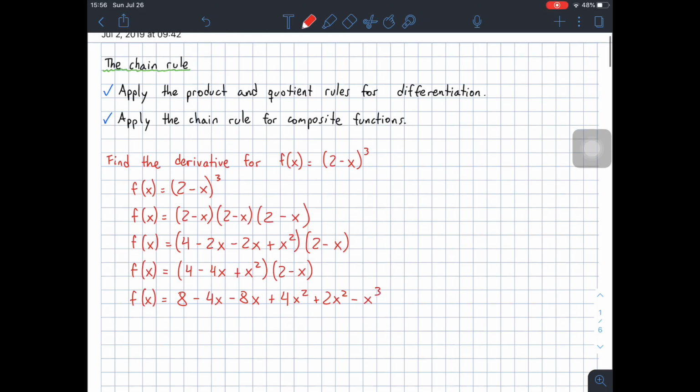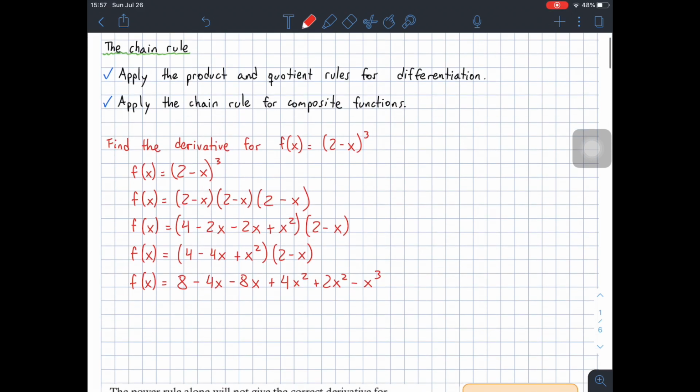I hope I didn't make any mistake. So now if I add like terms, we're gonna have negative x cubed first of all. Then these two are like terms, so this is plus 6x squared. And then we have minus 12x. And finally, plus 8.